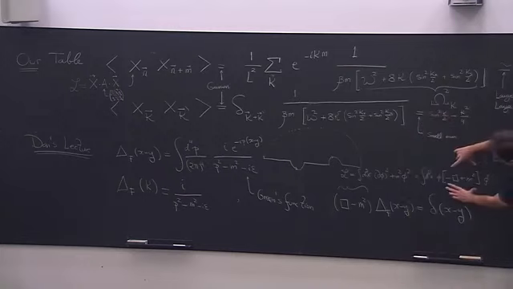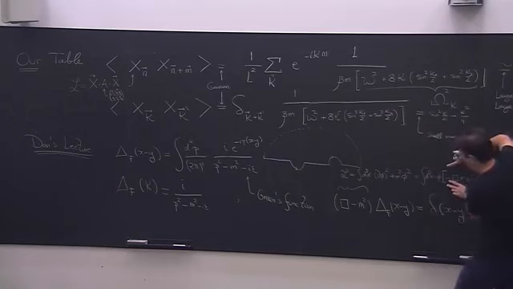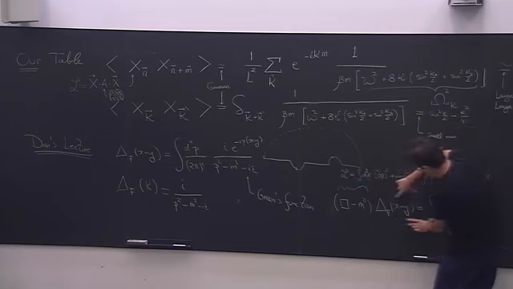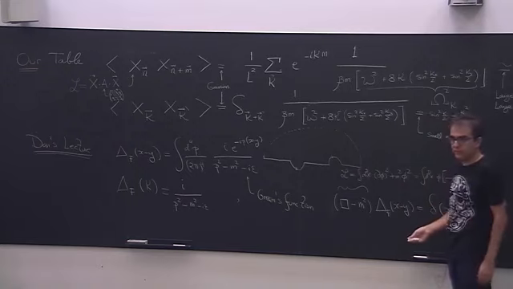So you can think that this object is just the analog of A, and what we have here is saying that this object times my propagator is equal to 1. So this propagator is the inverse of this object, in the same way that for us the propagator was just the inverse.